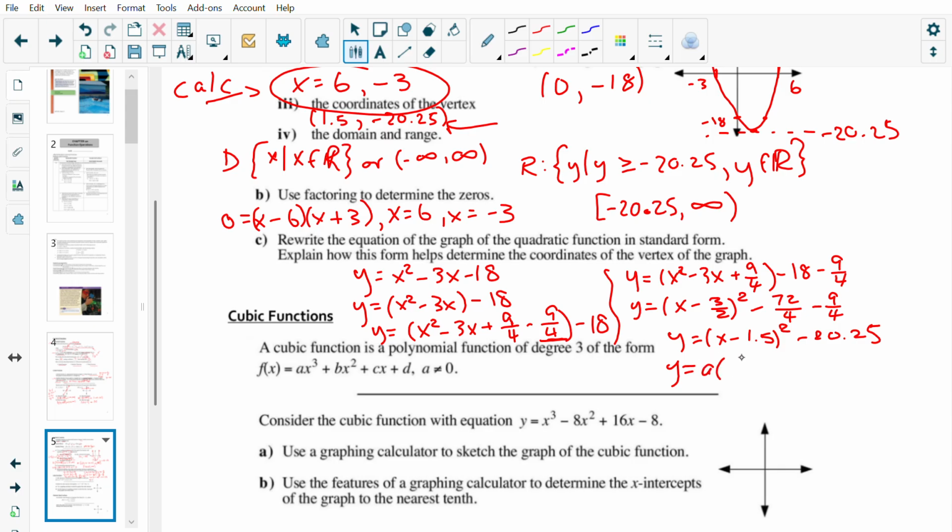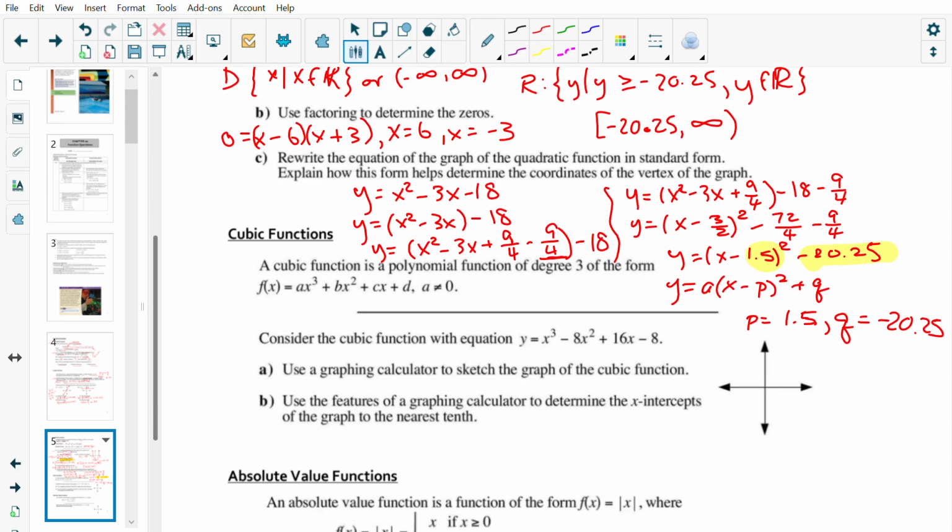And this matches our form y equals a times x minus p squared plus q. And then our vertex, where's our vertex? There's our vertex, and here are the coordinates of our vertex. So p equals 1.5, q equals negative 20.25. All right.